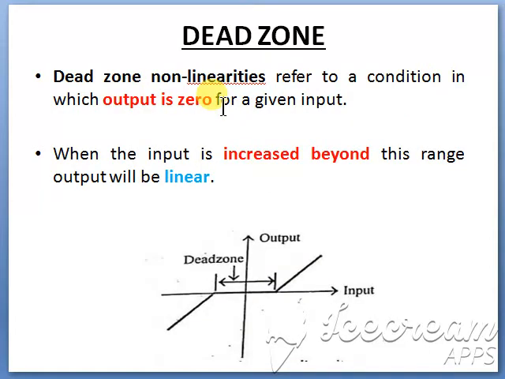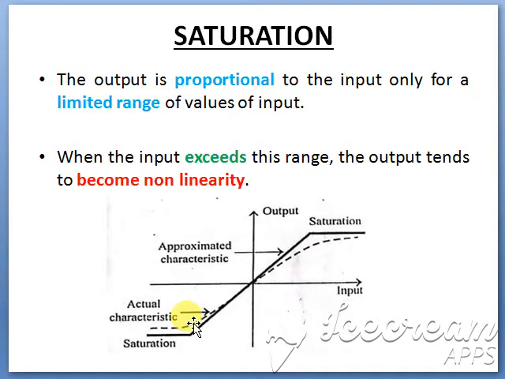The next one is dead zone. Dead zone is the region where the output is 0. When the input exceeds that particular range, the output will be linear. Next one is saturation.